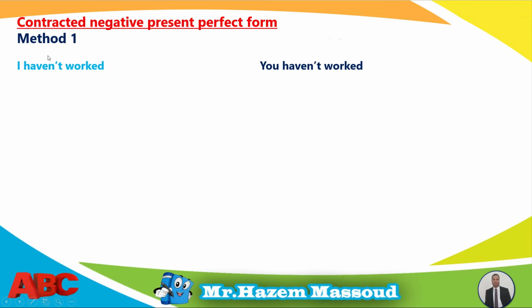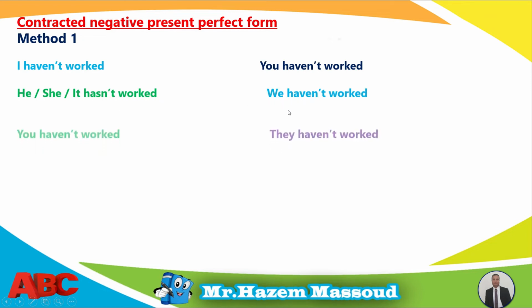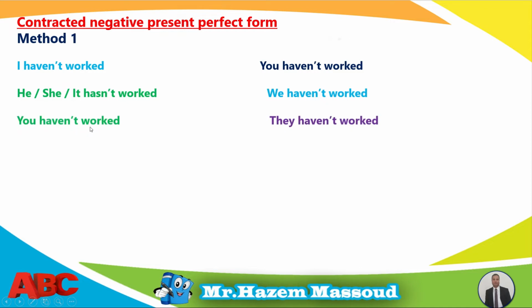So this is one way to make the short form of the present perfect. You haven't worked. He, she, it hasn't worked. We haven't worked. You haven't worked. They haven't worked. And let's move to the second method.